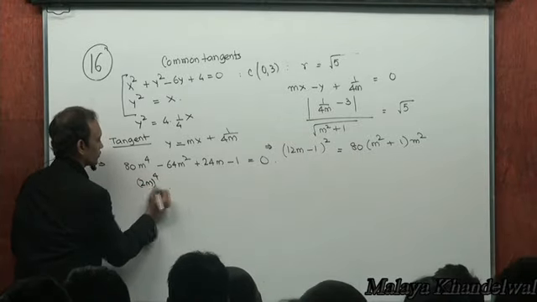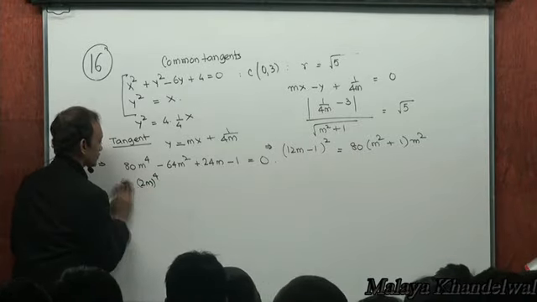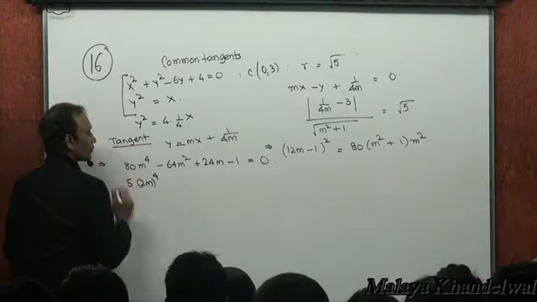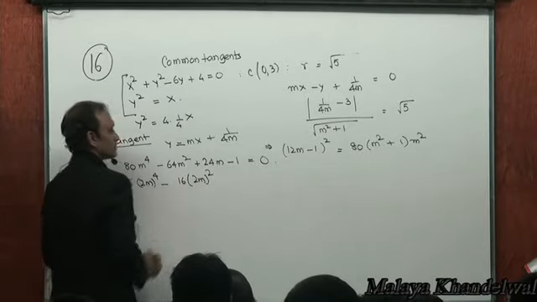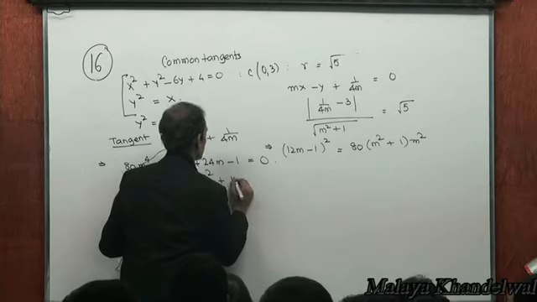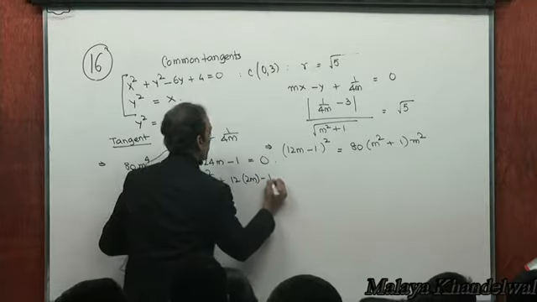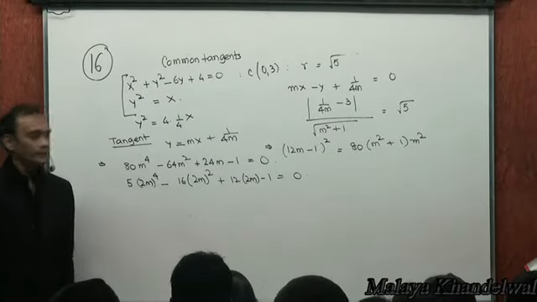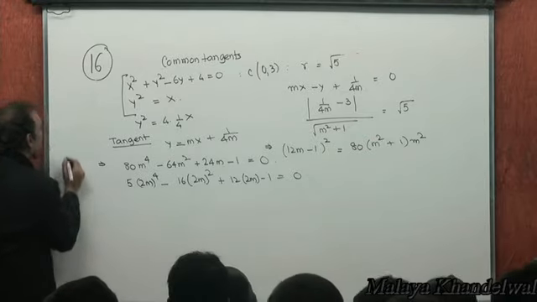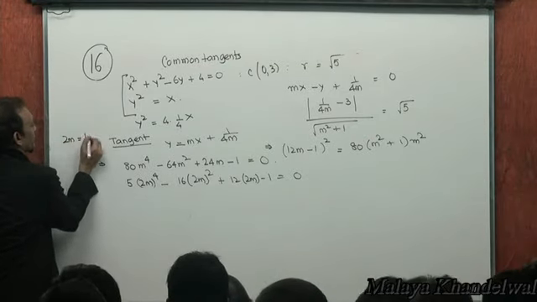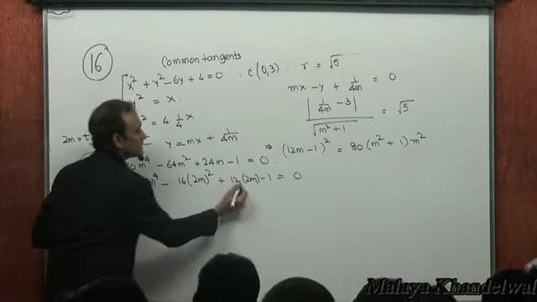At the very onset, let me take 2m equal to some t. I have reduced the bulk now: 5, 16 and 12.